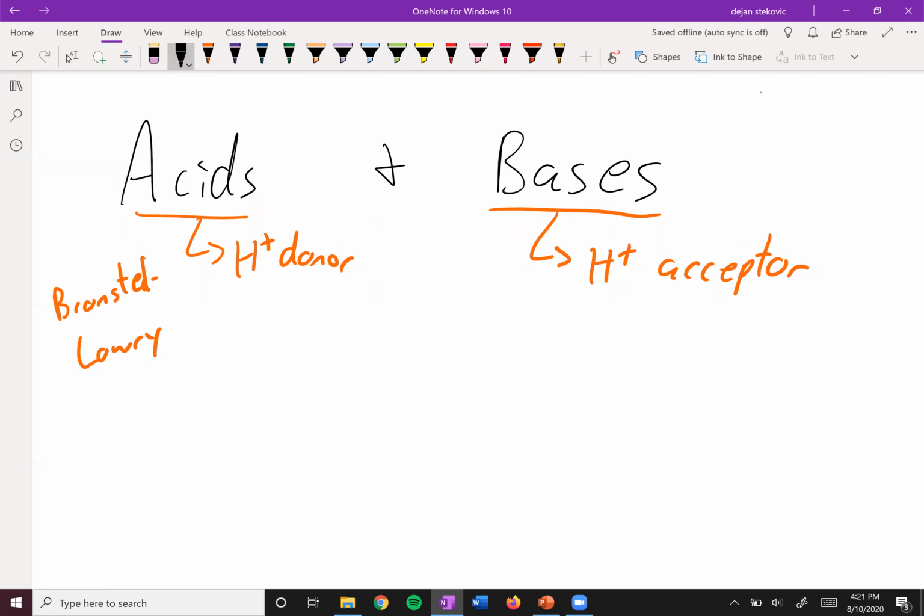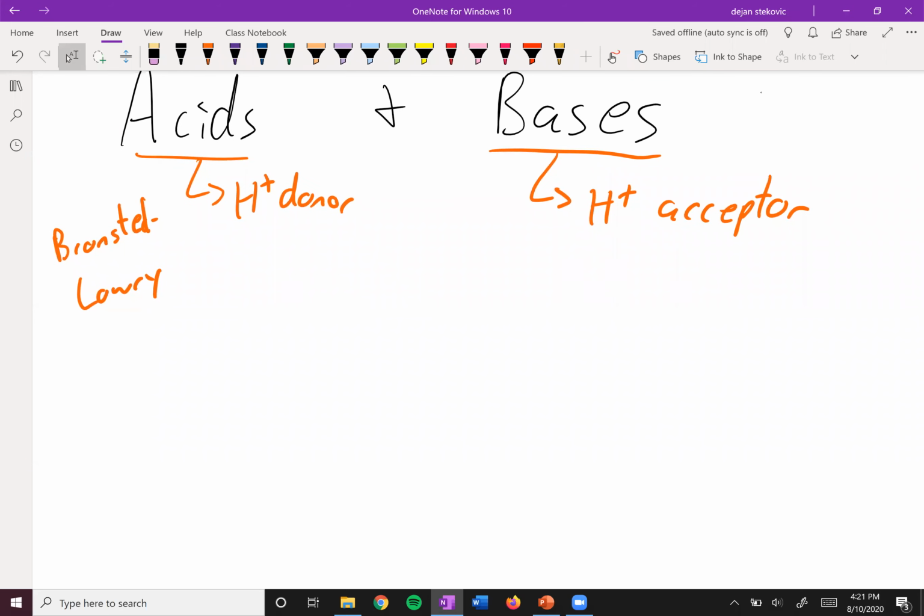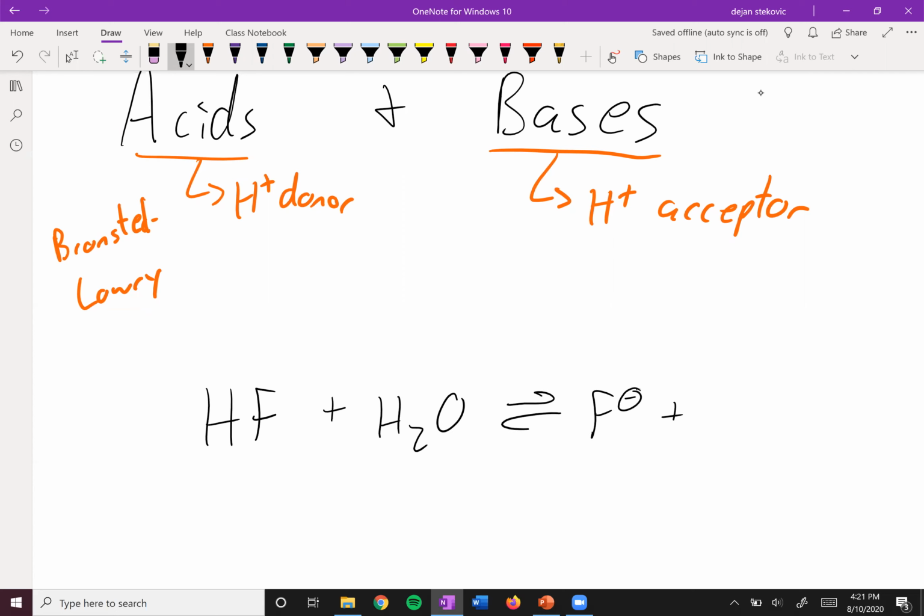So sometimes you'll see H+, sometimes you'll see proton transfer, right? Proton acceptor, proton donor. And so here's an example of the reaction. So HF plus H2O goes to F- plus H3O+, right? And so what we want to do is trace the H+. So if you look over here, there's an H and a plus.